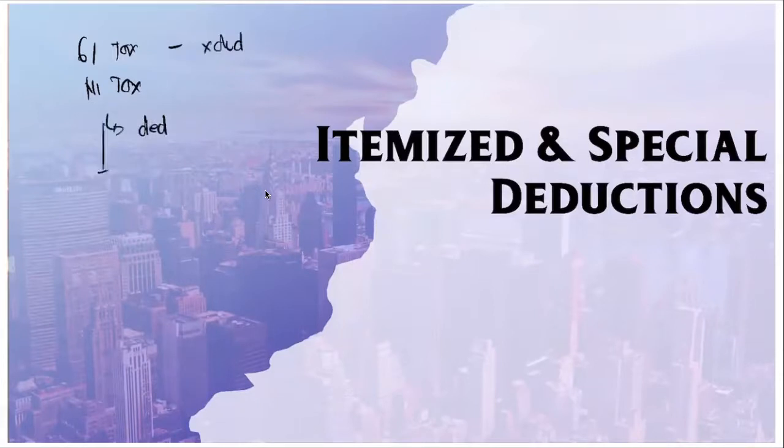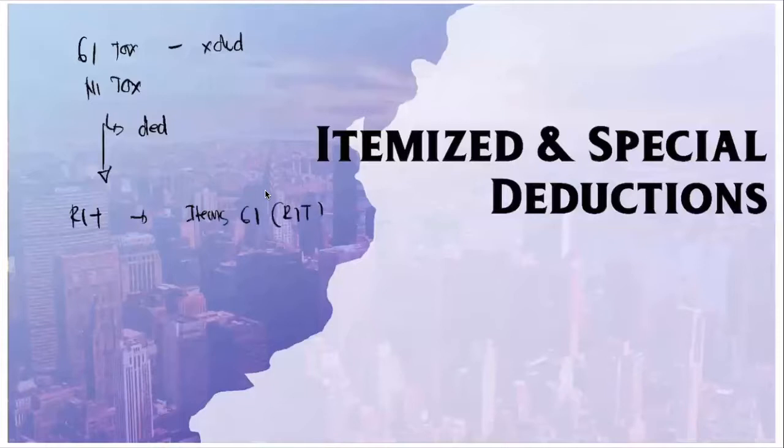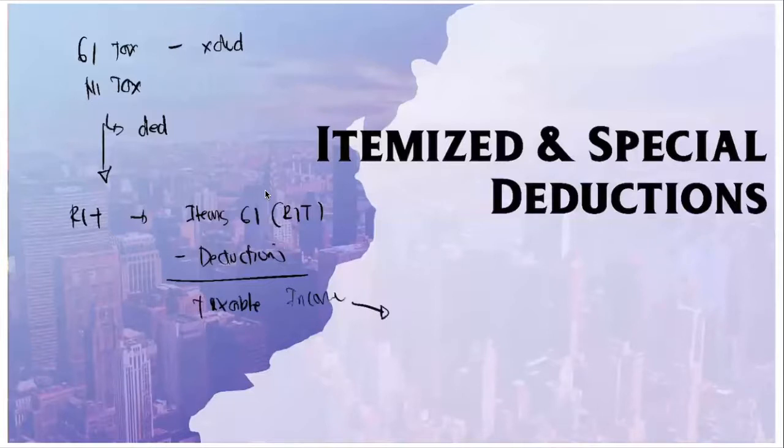This is normally used in your regular income taxation, wherein we have your items of gross income subject to regular income tax, and we have here your deductions to get your taxable income. After we get your taxable income, then we can already compute your tax due based on your tax table.